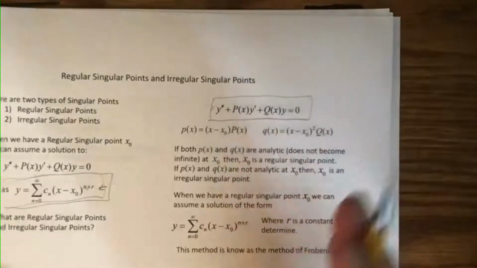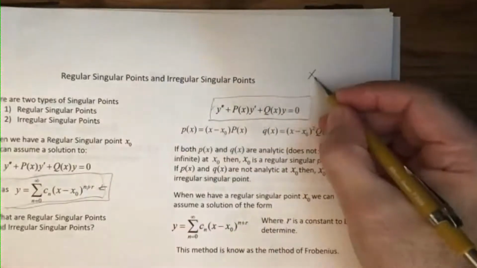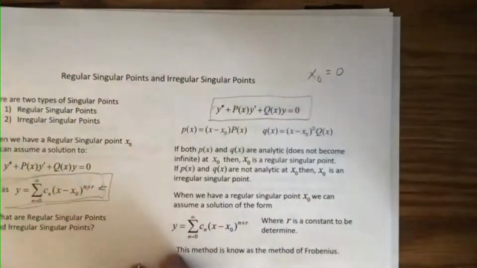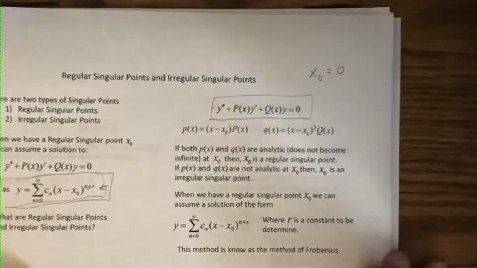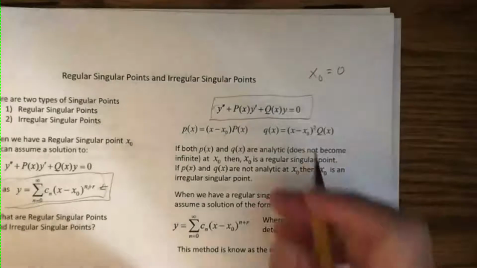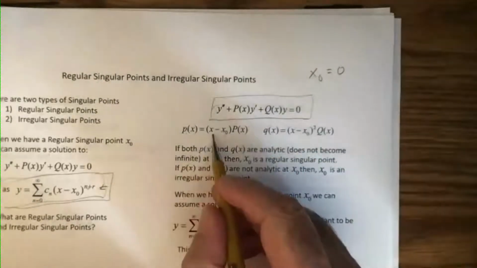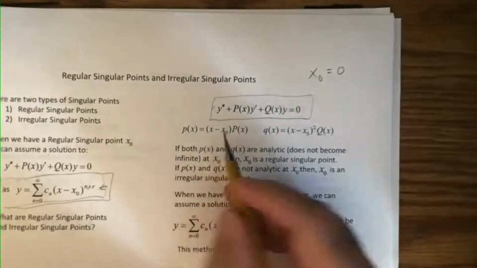Once again, in all the problems I'm going to give you, x0 is equal to 0, because that's the most important point. Normally, we want to know the power series about 0. But the more general form is x minus x0.